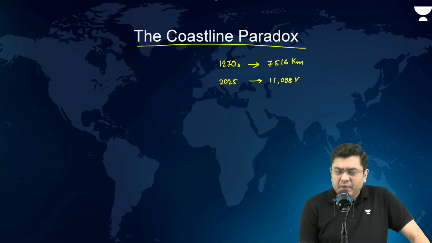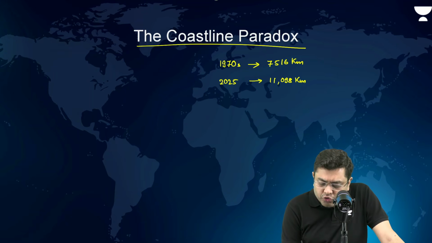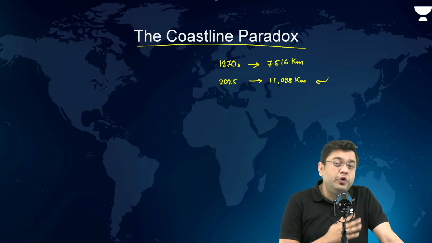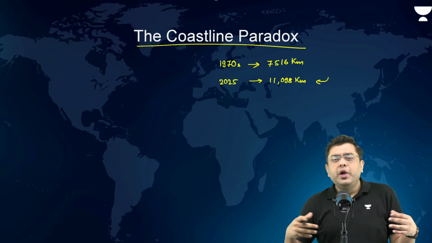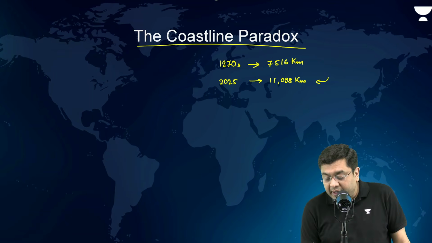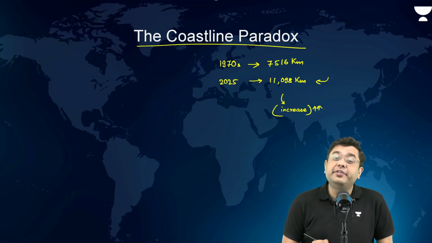Now, is that the real measurement? Is that true? And is that absolutely accurate? No. You would have understood by now that if we zoom in further, this can increase further. The more we zoom in, the greater the increase will be.